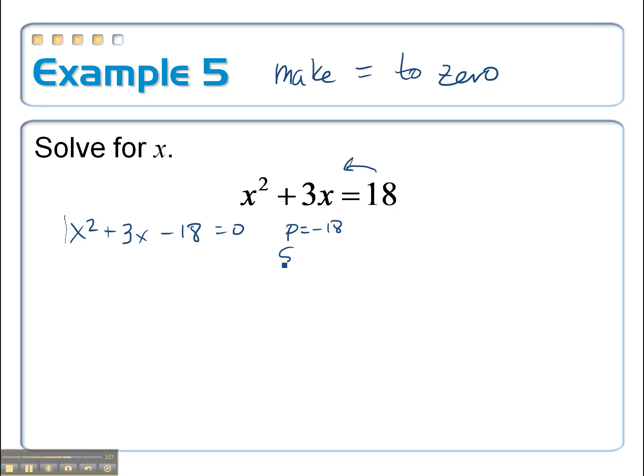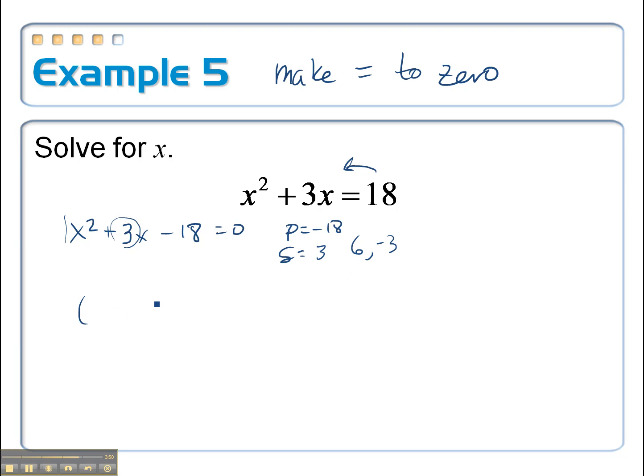And they have to add up to, they have to have a sum, I just put an S for sum, of the middle term, which is 3. A sum of 3. So you ask yourself what times what equals negative 18 and adds up to 3. And those two numbers are 6 and negative 3. Sometimes that takes a little bit of practice for you to figure out what those factors are.